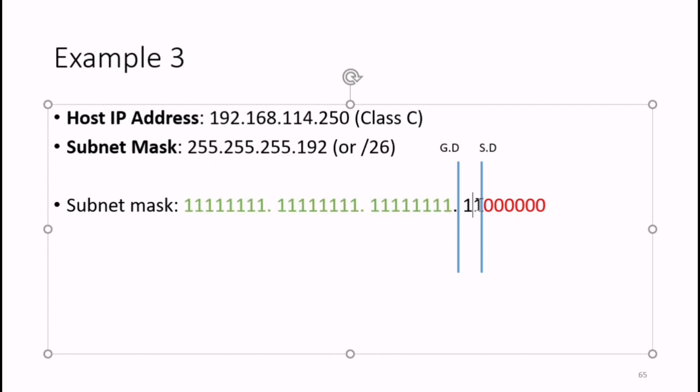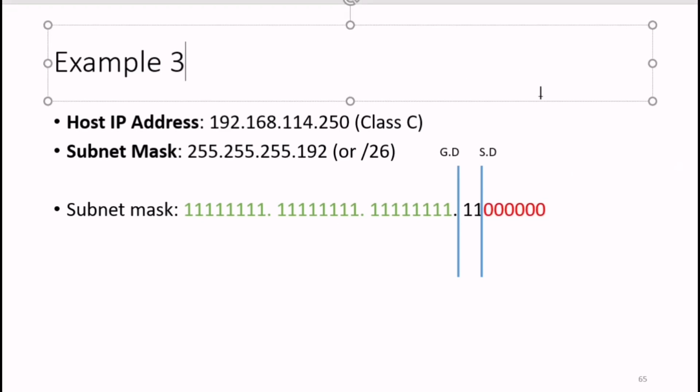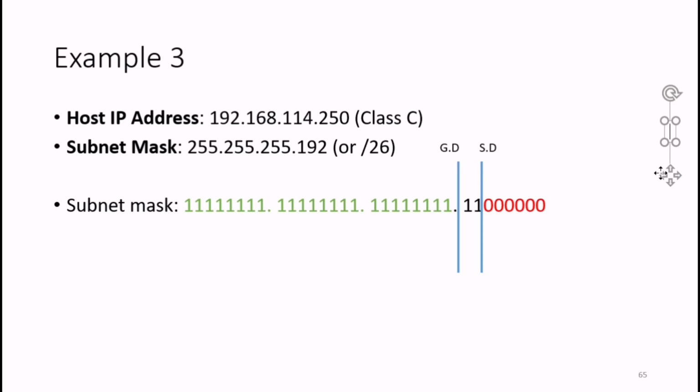Okay, so now you can identify which is the network, subnet, and host. Let's put host here, this is subnet, and the last one is the network range.